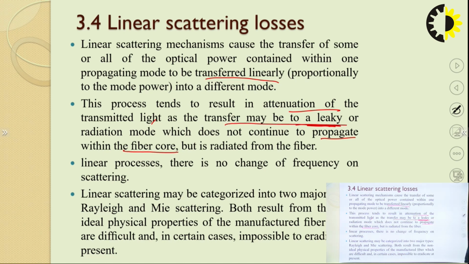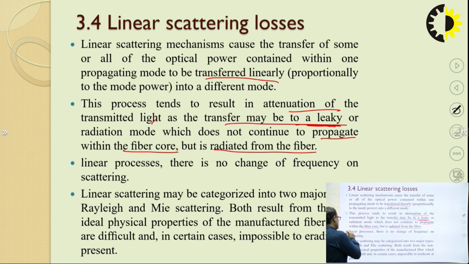This leaky mode will not continue to propagate within the optical fiber cable and is radiated from the fiber core. That means this power is lost from the optical fiber cable, because that power is transferred to the leaky mode, and this leaky mode will not travel inside the optical fiber cable.